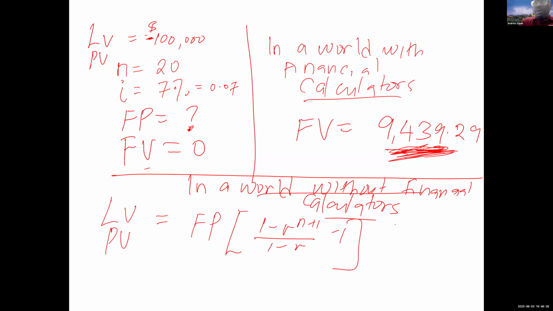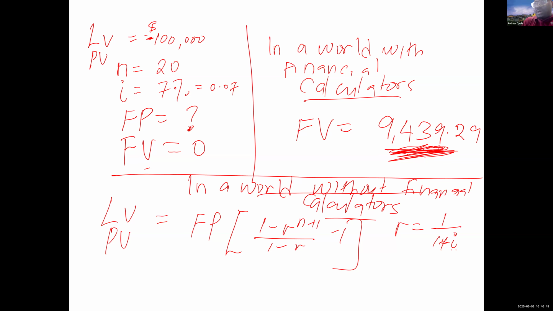But remember, your r is 1 over 1 plus the interest rate. Now here, you're not going to round anything. Even if you need 9 decimal points, use them, because if you round, you're not going to get the same exact answer that the financial people are getting. Don't round too soon.